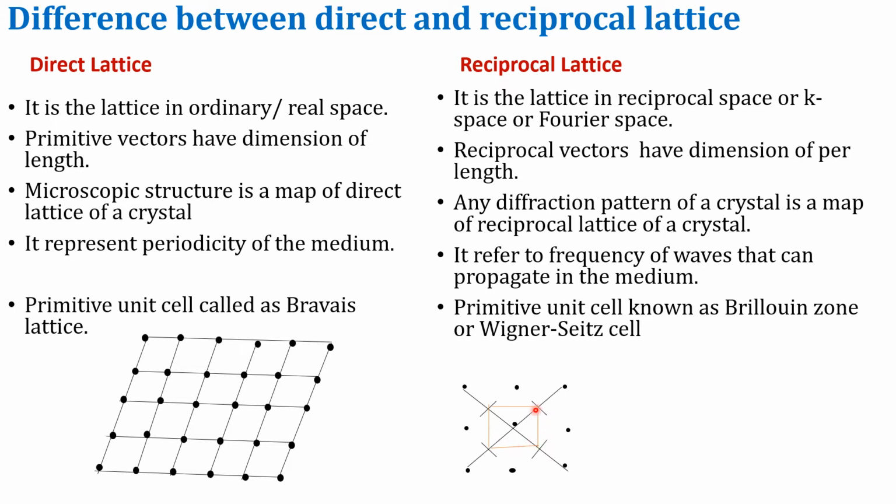It encloses a very small region. That smallest volume enclosed in this way is the primitive unit cell, and in the reciprocal lattice it is known as the Wigner-Seitz cell.